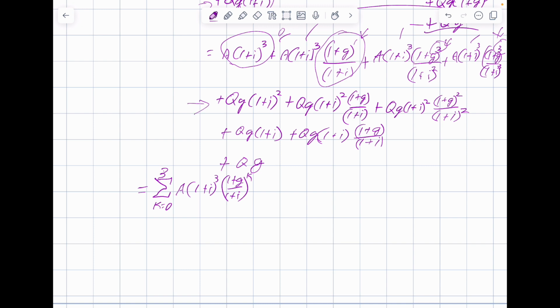And we can do the same thing for the QG line, the first QG line.